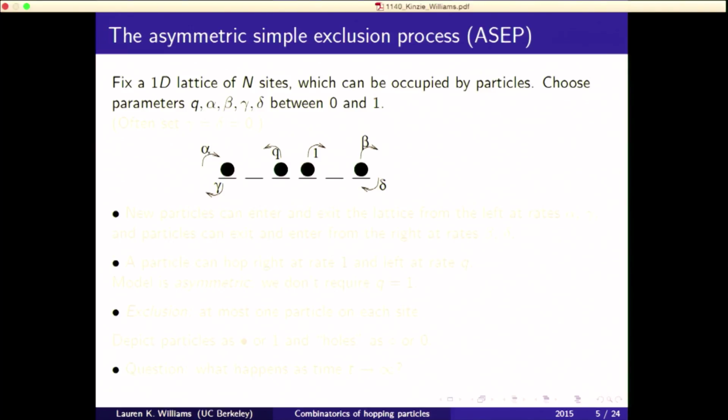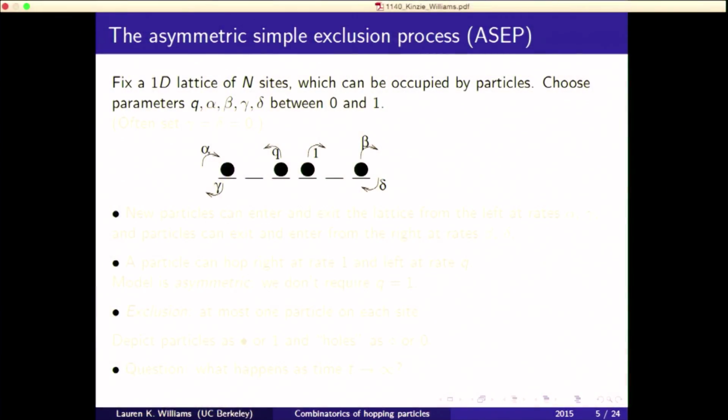Okay, so now let me get a little bit more mathematical. This is still on this slide not a precise mathematical definition, but it's getting there. So we're going to fix a one-dimensional lattice of n sites. In this picture, n is equal to 6, and every site can be either occupied by a particle, car, or it can be empty. And we're going to choose some parameters that govern hopping rates.